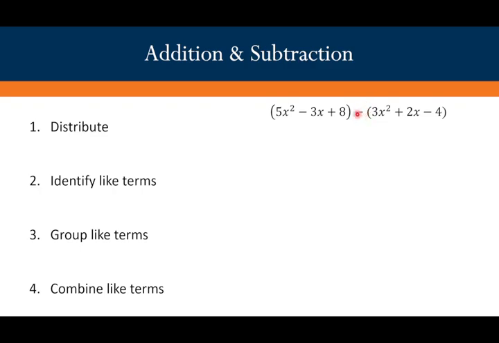We're just going to distribute this negative 1 to each of these. The net effect is the signs on these three terms are going to swap. So we're distributing this negative in. So this is a positive 3x squared, so we're subtracting 3x squared. Minus 2x, so it becomes minus, and minus negative 4 becomes positive 4.